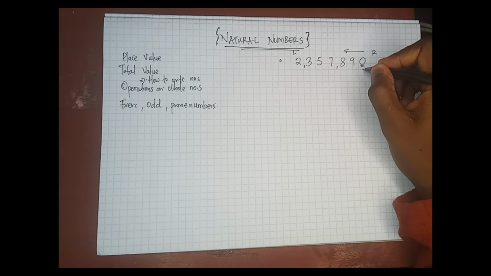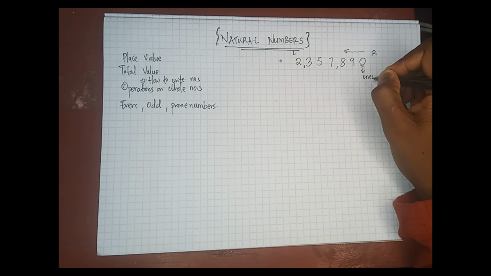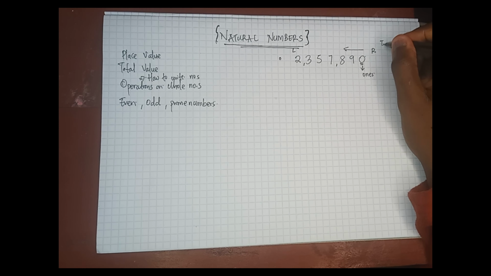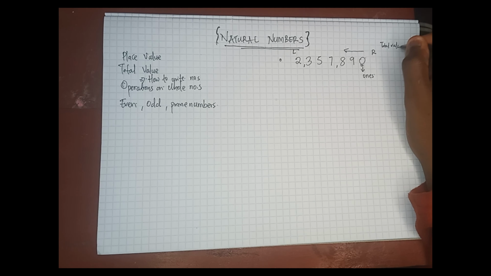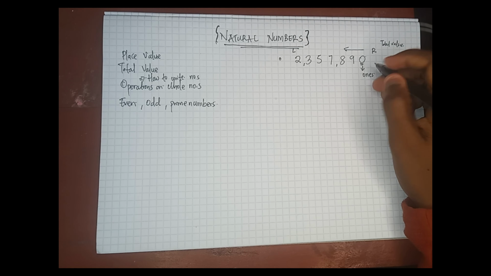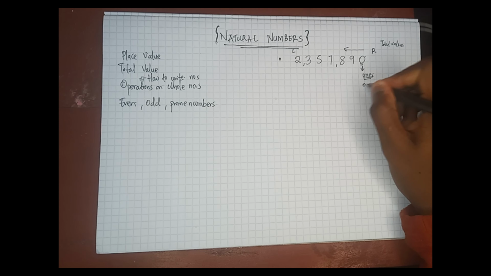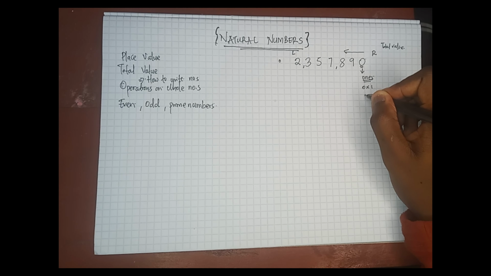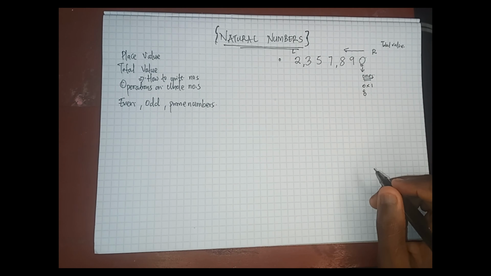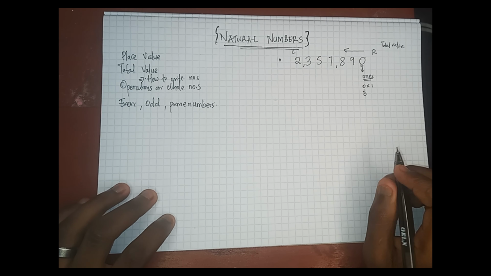So the first position ni ones, meaning that the actual value, which sasa ina describe the total value of a number, is, if the place value of a number is ones, the total value is 0 times 1 equals 0. So I hope umeelewa hiyo.